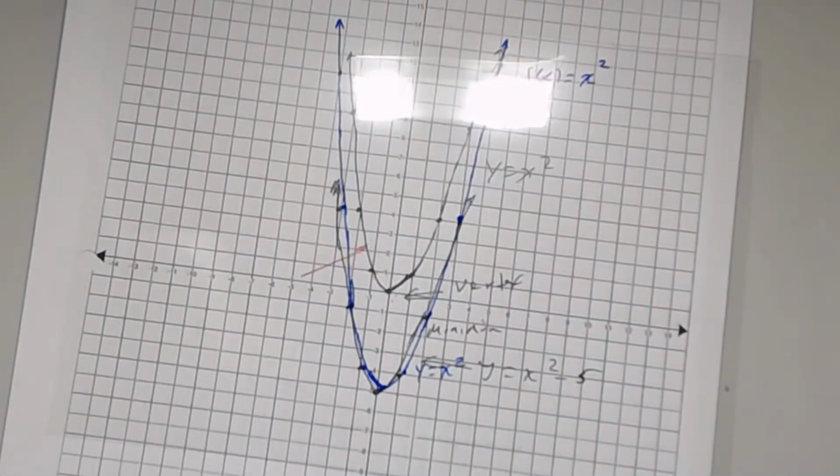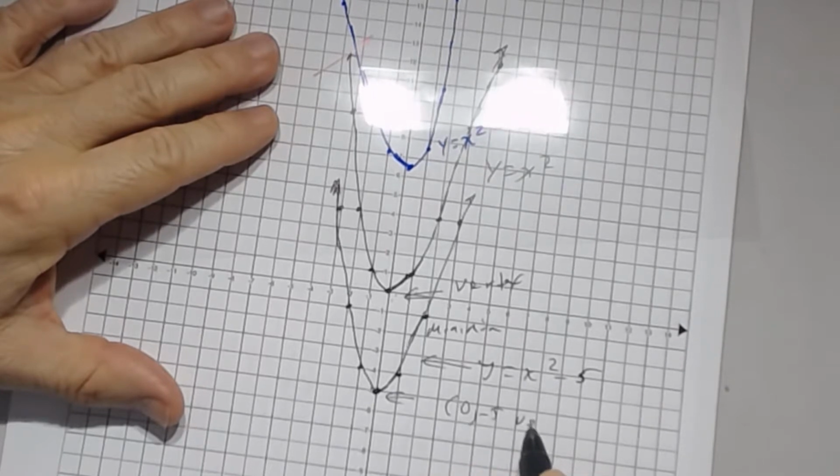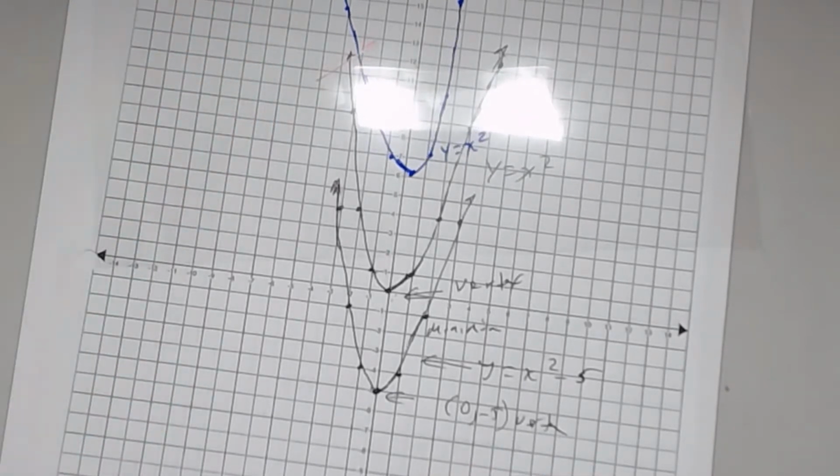In your mind, the origin is being shifted down. So the vertex is now 0, what? -5. So your vertex right here is 0, -5. That's your vertex.